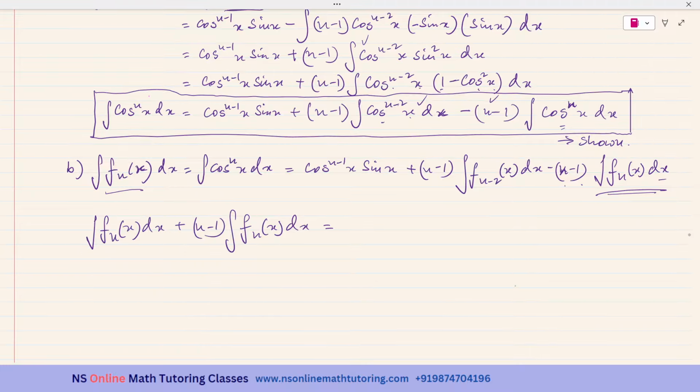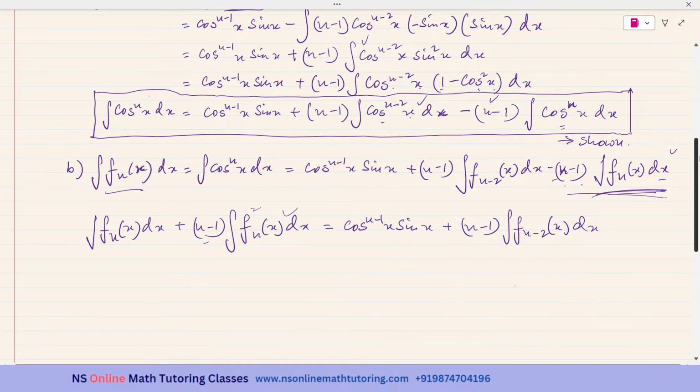So this is equal to cos^(n-1) x sin x plus (n-1) times the integral of fn minus 2 x dx. And I'm not writing the addition of this term on the right side because this is plus, this is minus. This will get cancelled with this new term on the right hand side.